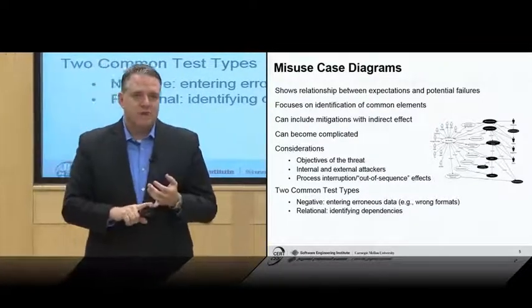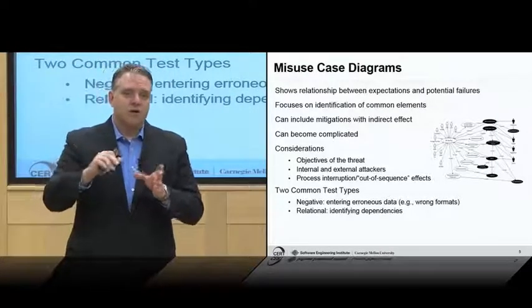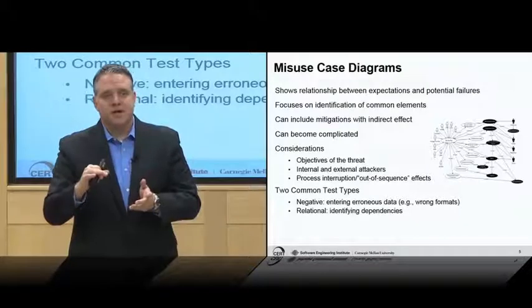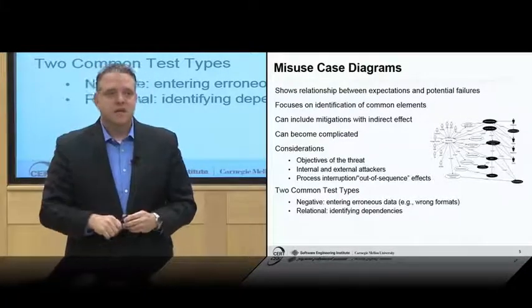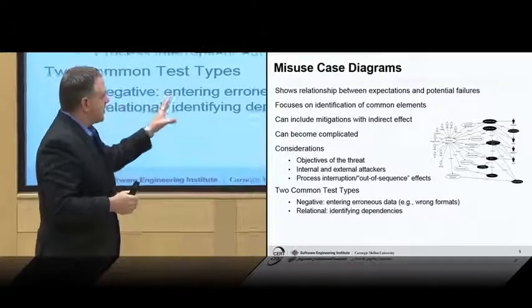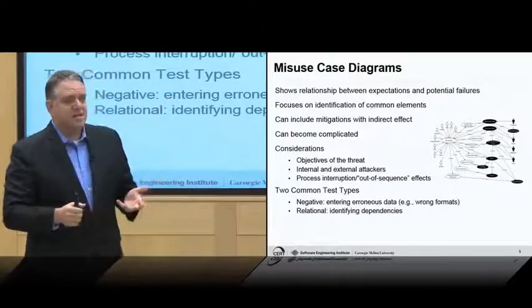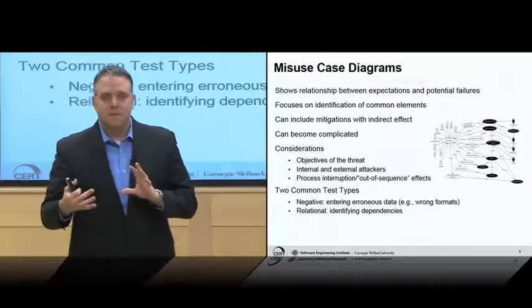You can have mitigations in here with indirect effects. So if there are security controls you've put in place within the application, you can test those as well through a misuse case diagram. As you can imagine, you can see from the example here on the screen, a misuse case diagram could get incredibly complicated, incredibly big.